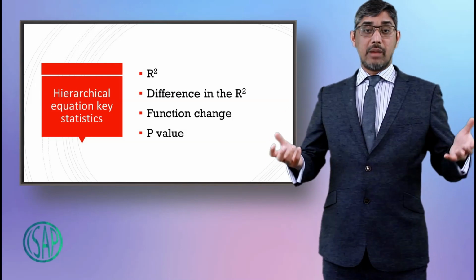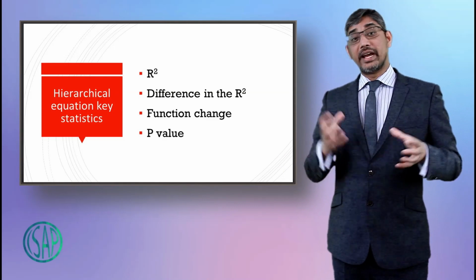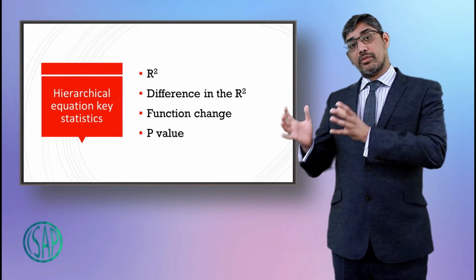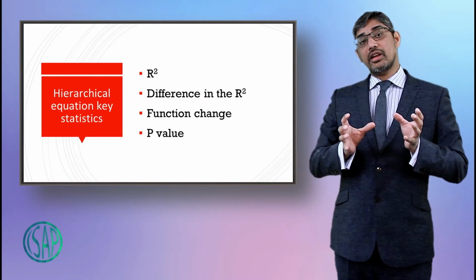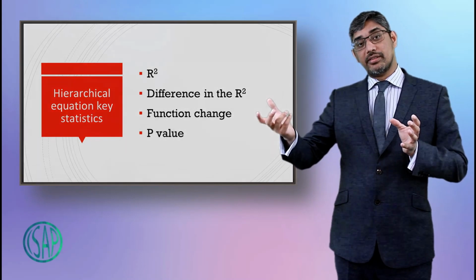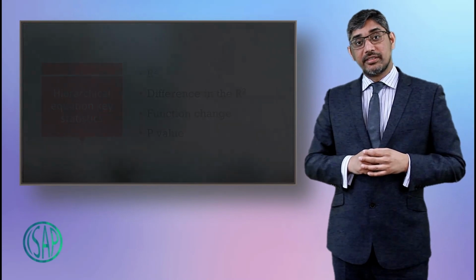Anything above 5% change is a significant change. So that means that by adding model 2 to model 1, you are actually getting a better fit model in predicting Y as an outcome measure.